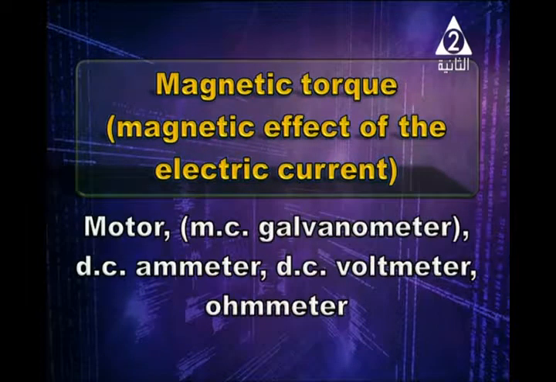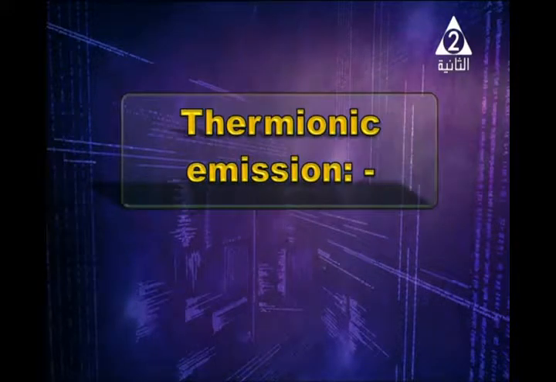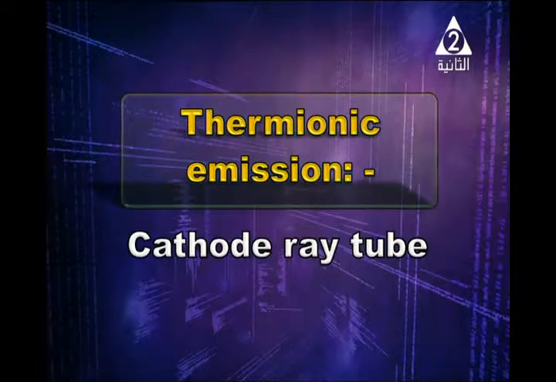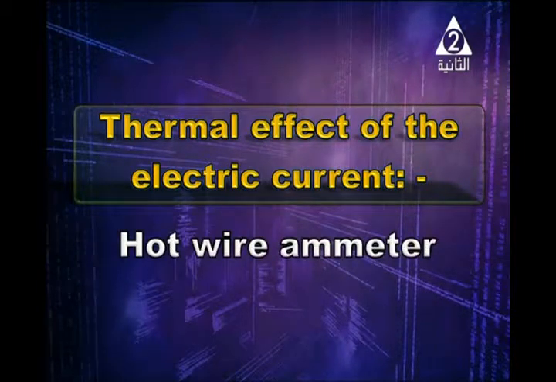So the motor, moving coil galvanometer, ammeter, voltmeter, and ohmmeter are all based on magnetic torque. A device based on thermionic emission is the cathode ray tube. A device based on the thermal effect of the electric current is the hot wire ammeter.